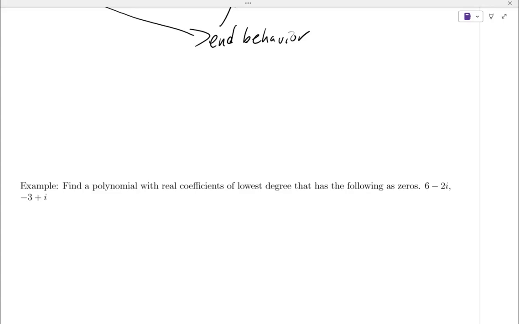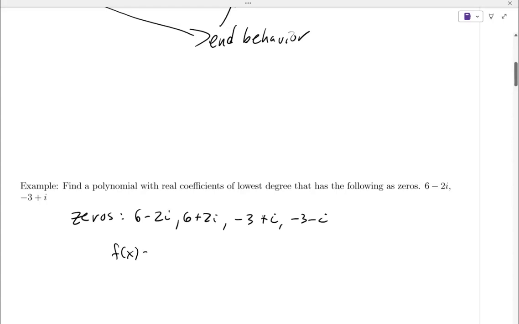If we know that negative 3 plus i is a 0, what else has to be a 0? Negative 3 minus i. So the zeros have to be 6 minus 2i, 6 plus 2i, because they have to occur in conjugate pairs, and negative 3 plus i and negative 3 minus i.